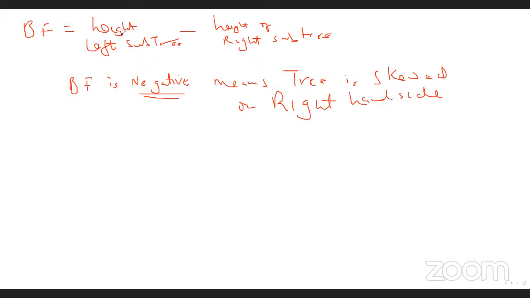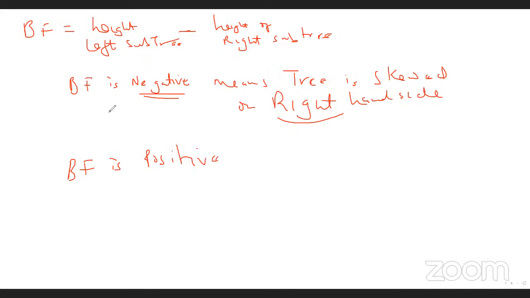So if it's negative, it means the tree is skewed on the right hand side, because the number on the left hand side is smaller. That's why it's negative. So when the BF, the balance factor, is negative, the tree is skewed on the right hand side.